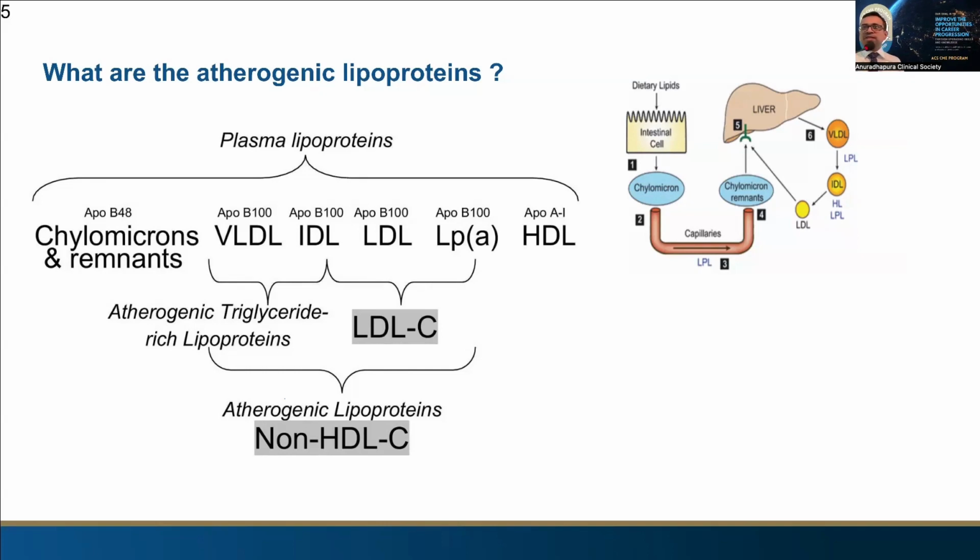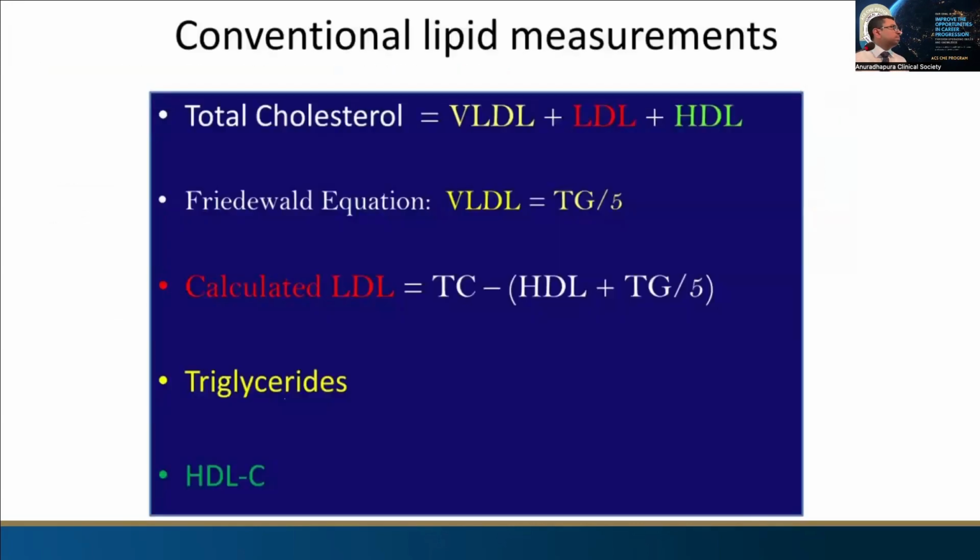ApoB48 is also a part of chylomicrons and remnants, and HDL will have ApoA1. ApoB100 assessment is available in the private sector if you want to get it done.